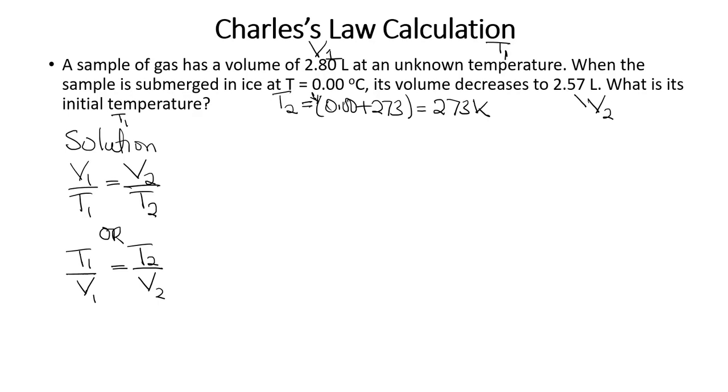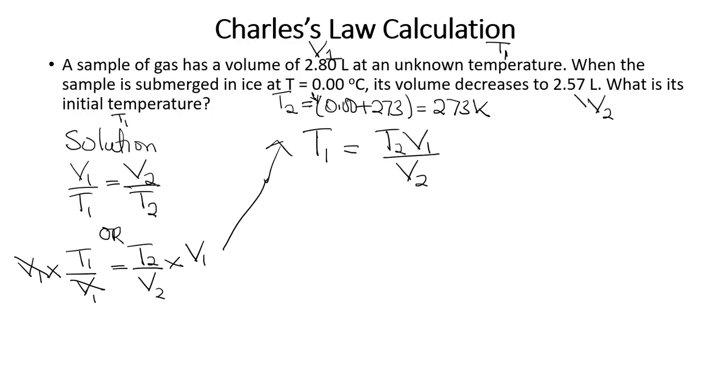So what we need to do is to multiply both sides by V1 so that we cancel out the V1 on the left side. In the end, we have T1 is equal to T2 V1 over V2.